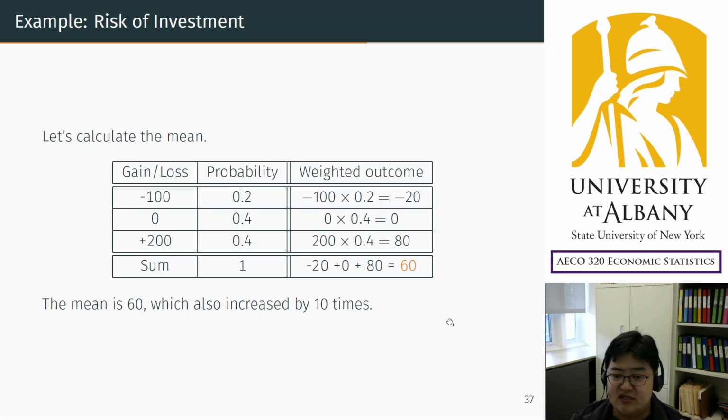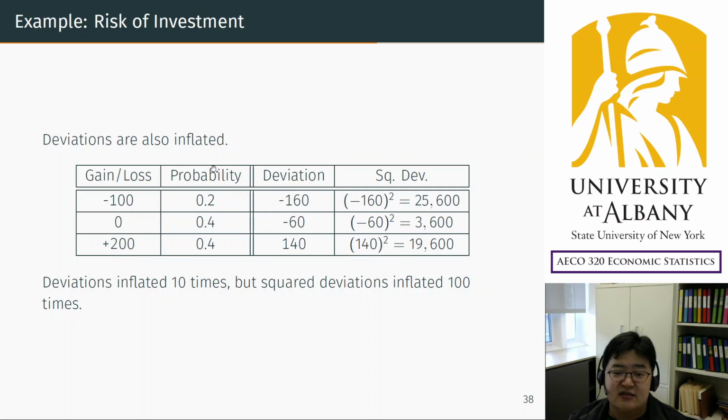Okay, so this is just the first step. And then next, using the mean 60, calculate the deviation, and then calculate the squared deviations. So the outcomes are inflated by 10 times, so subtracting 60 will make deviations like this. And remember, I will compare them again.